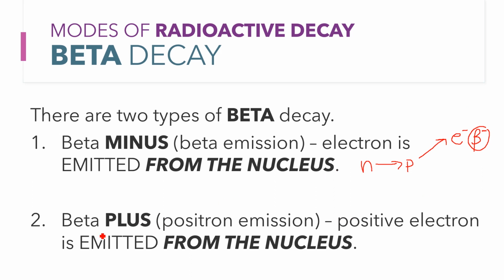So in a beta plus, can I say it is the opposite of beta minus? Well, some sort, yes, because in here a proton is actually converted into neutron, and this conversion releases an electron that is positive. Ang tawag natin doon ay beta plus.